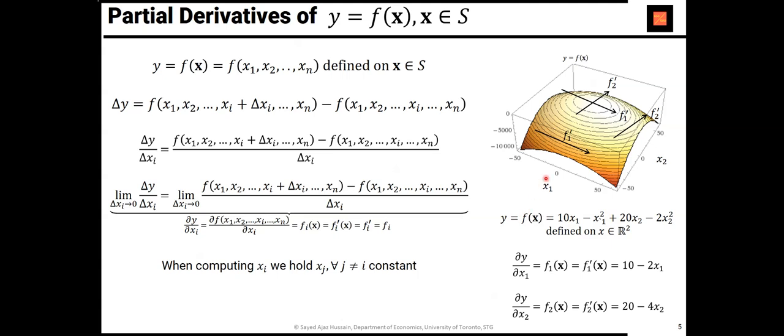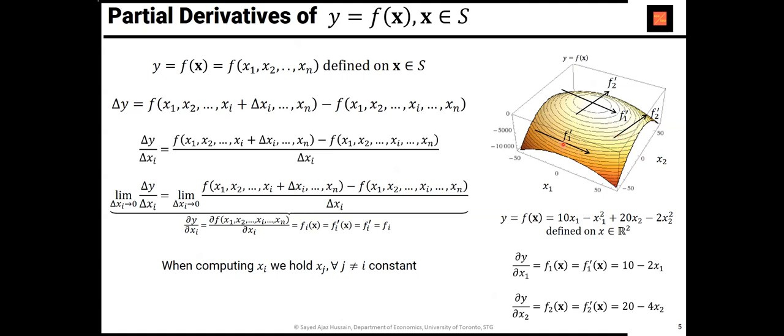First of all, what's the slope of the function from the perspective of x1? When I look at the mountain this way, all slopes facing me are slopes that tell me the change in the function with respect to x1. If I look at the function this way, I'm asking for the slopes of the function with respect to x2.